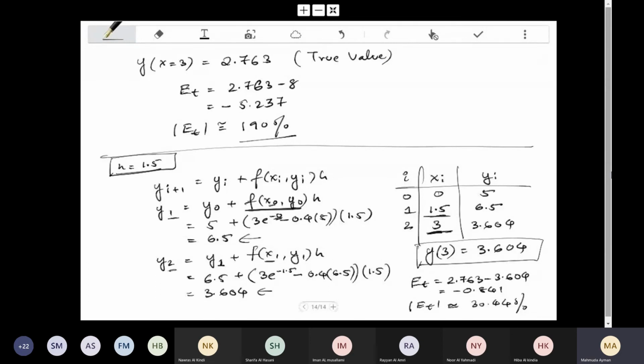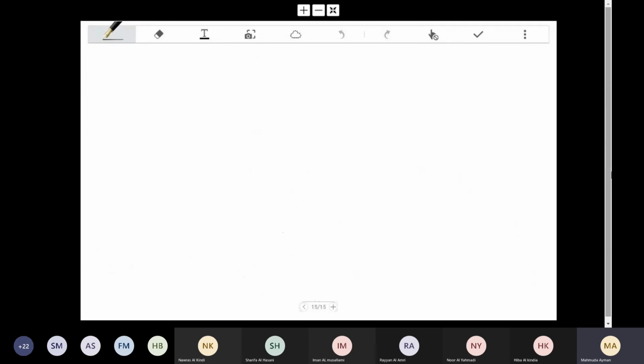Maybe let's do some questions now. Let's take an example. You're given the differential equation for Euler's method in the form dy by dx is equal to f of x comma y, and you'll have some initial condition y of 0 is equal to y0.